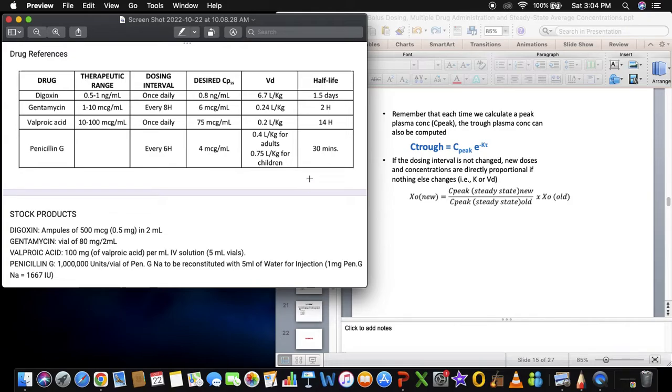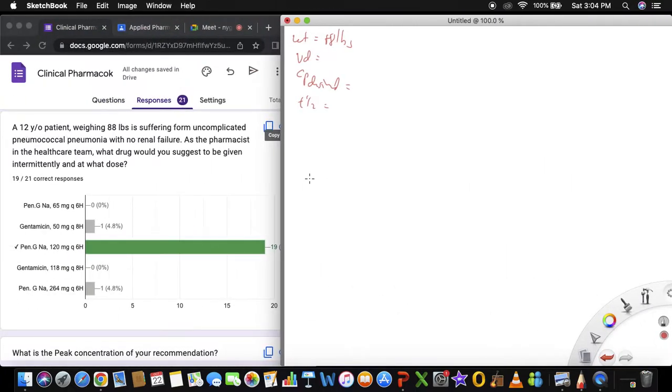Class, what VD will I use? 0.4 or 0.75? For our patient. In your opinion, what volume of distribution will we use? Our patient is 12 years old.